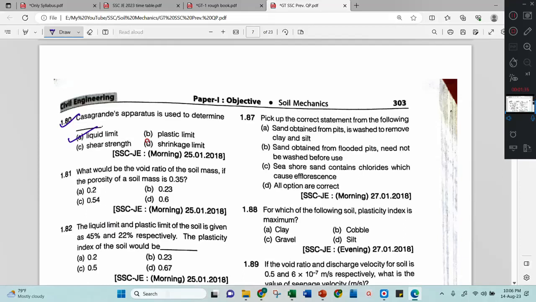What would be the voids ratio of the soil if the porosity of the soil is 0.35? Option C. Option C.